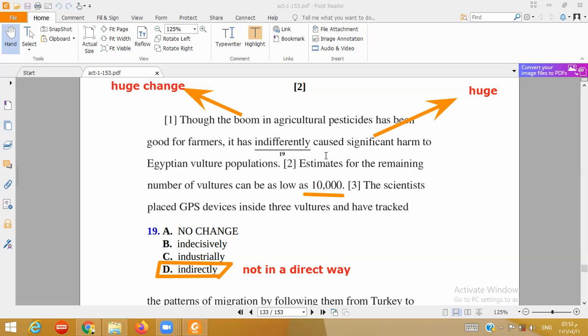Probably these pesticides are causing diseases to the animal, and in the long run, he dies. So those agriculture pesticides that the farmers put on the crops indirectly cause significant harm to the Egyptian vulture population. Okay?